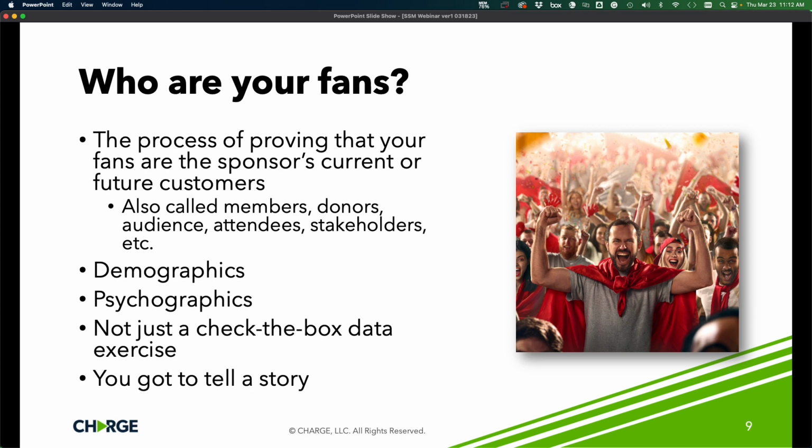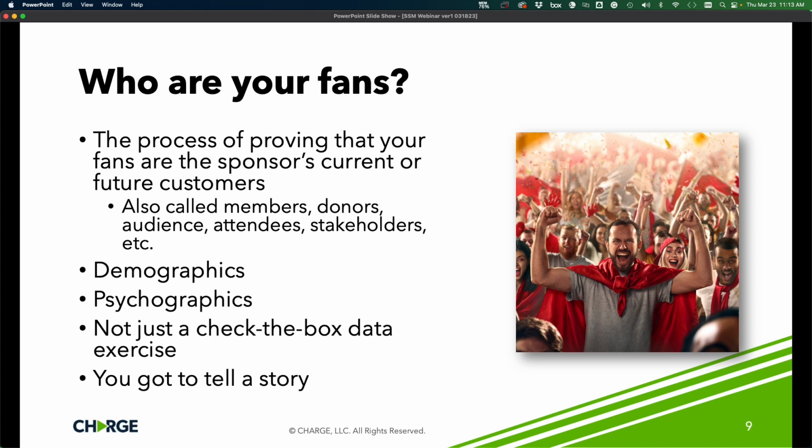Now, this is not a check the box data exercise. I see a lot of sponsorship marketing presentations that merely throw data on paper. You have to tell a story. You have to tell a story that a sponsor could expect that your audience would include, for example, young millennial females just starting a family, baby boomers who are just entering retirement.